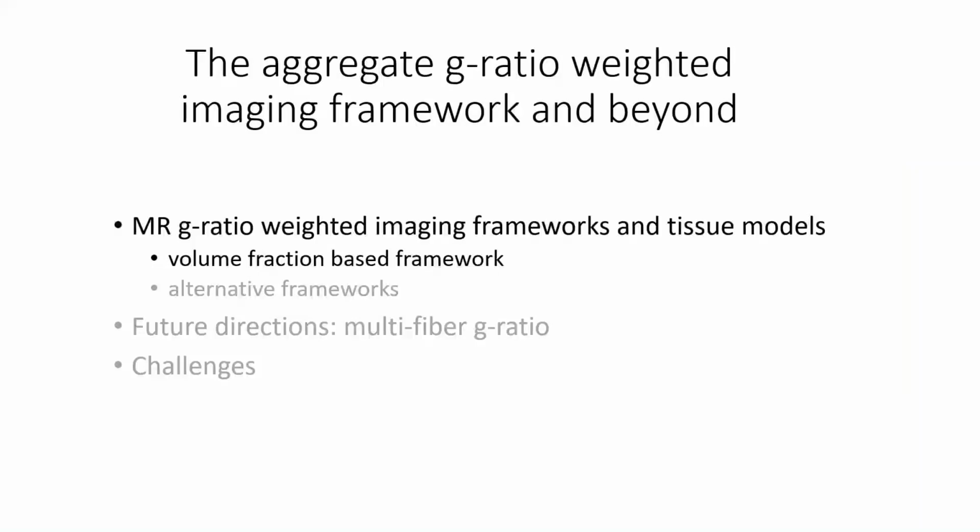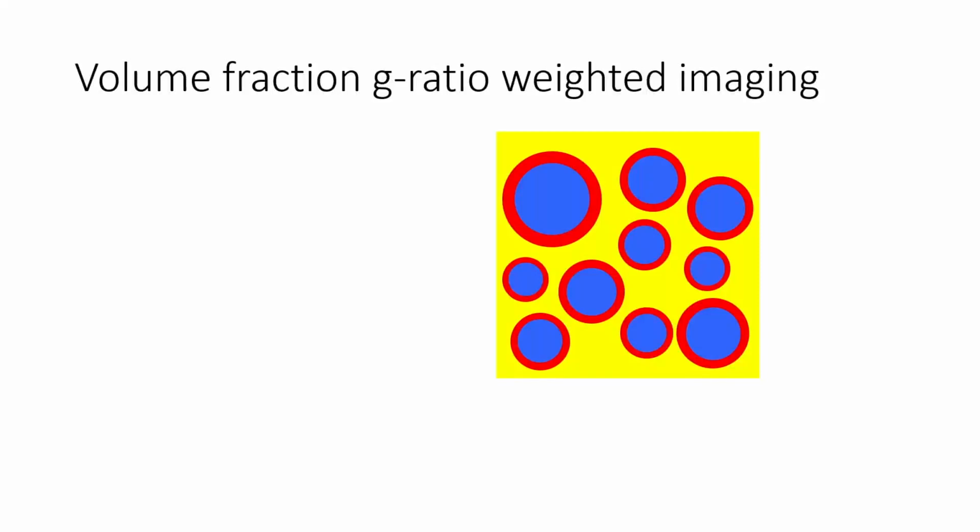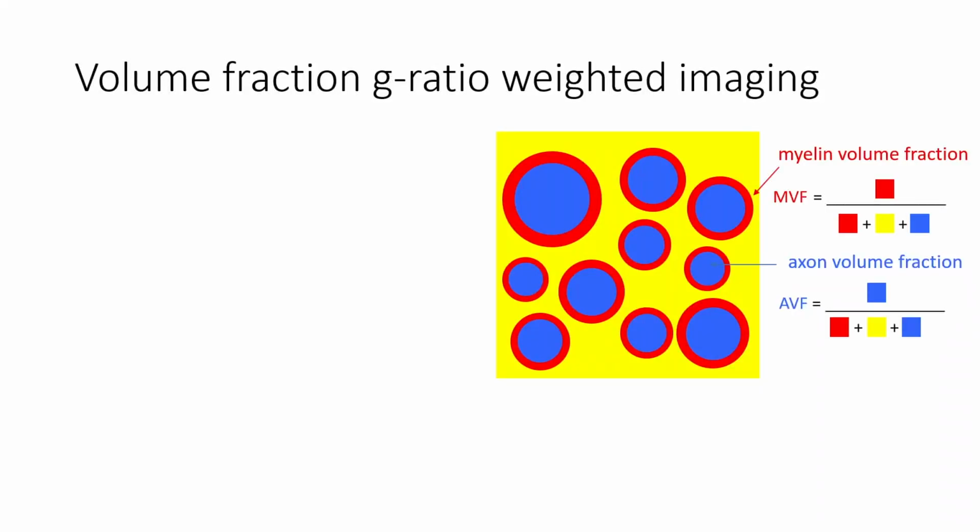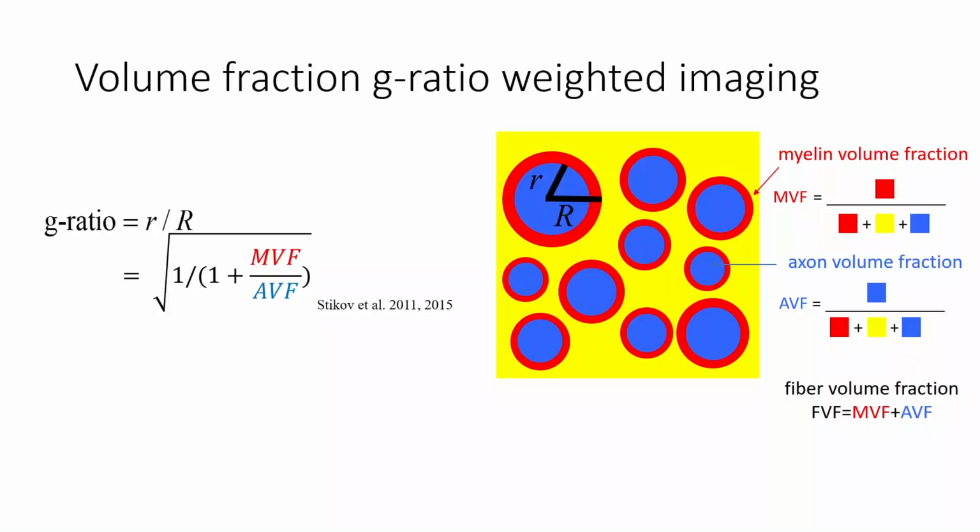Now I'll describe the volume fraction-based framework for estimating the G-ratio. Here we have our simple tissue model again. We have the myelin volume fraction, the axon volume fraction, and the sum of these two is the fiber volume fraction. It was shown by Nicholas Stikov that an aggregate G-ratio in the voxel can be estimated from any 2 of these 3 parameters without explicitly calculating any diameters.